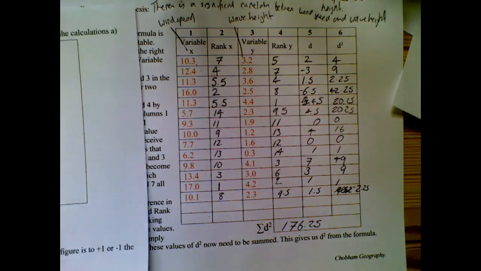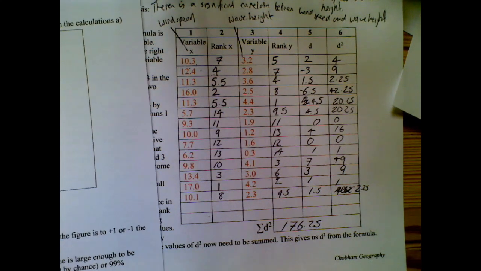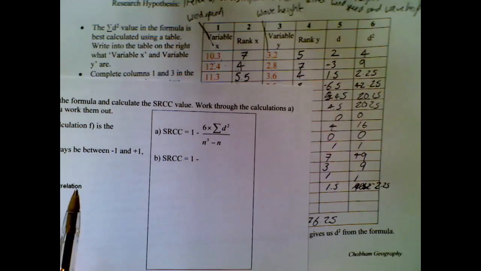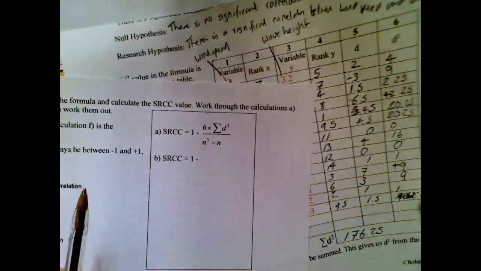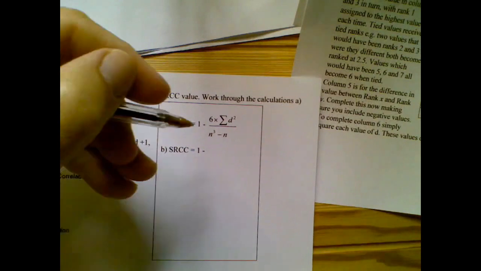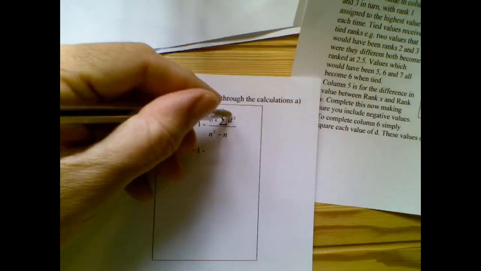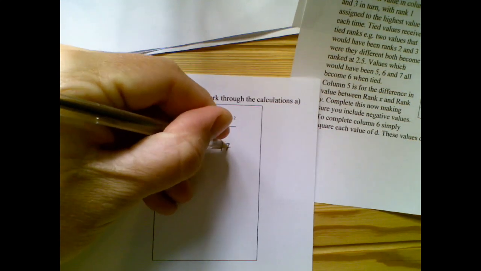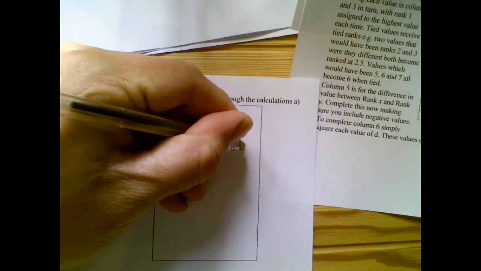So I now need to plug the sum of d squared into my formula. So if I turn over to the other side of my sheet, or the second page, depending on how you got it, I can plug in this bit here, the sum of d squared, which we know is 176.25.